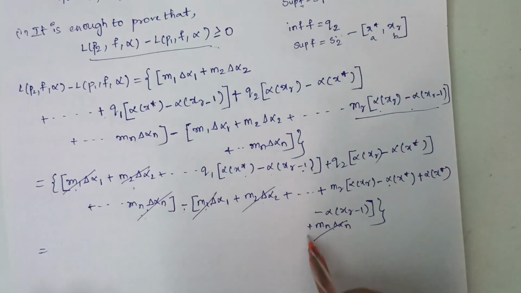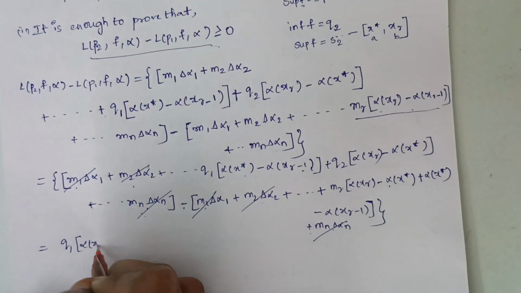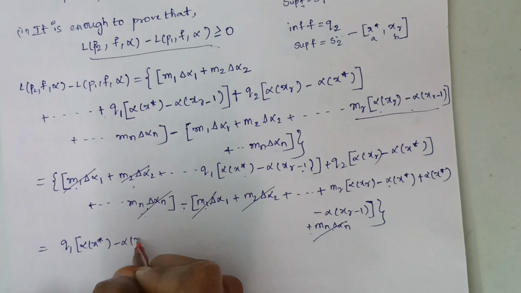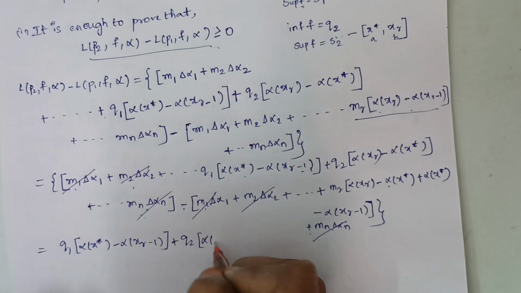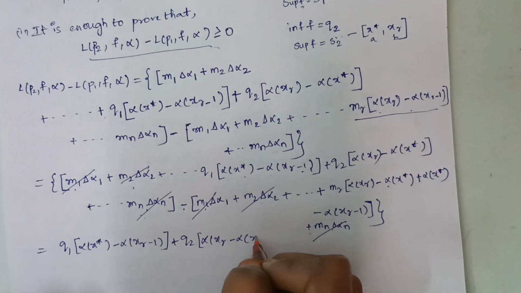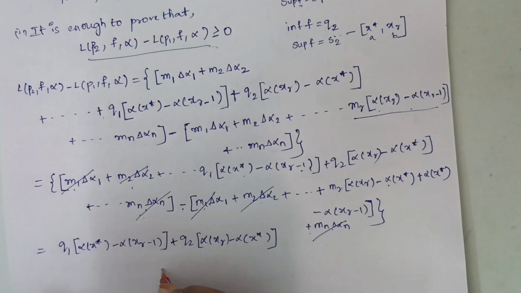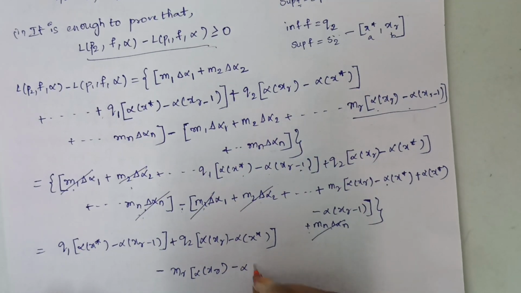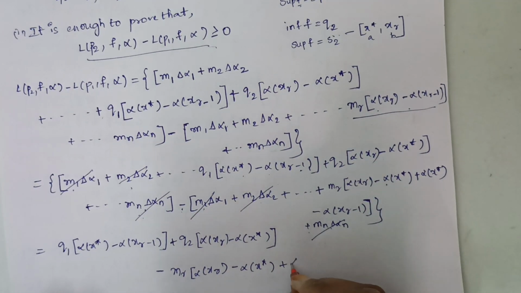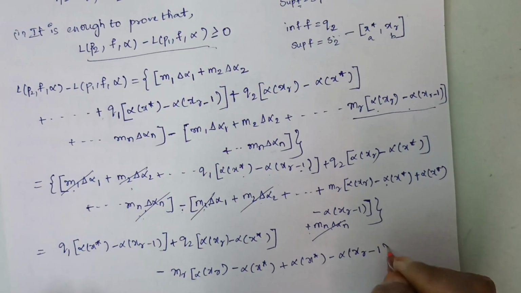So these terms cancel and you remain with this one: Q1 into alpha x star minus alpha x r minus 1 plus Q2 into alpha x r minus alpha x star minus Mr alpha x r minus alpha x star plus alpha x star minus alpha x r minus 1.